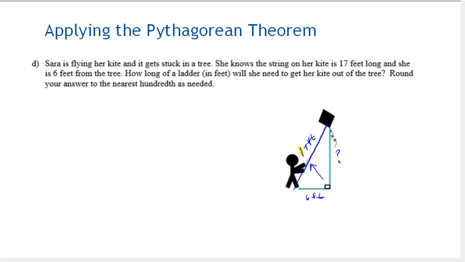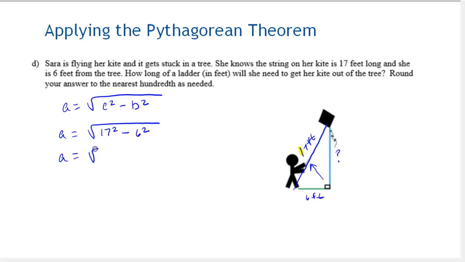So we want to use, I'll call it A. Again, it doesn't matter if you call it A or B. A equals the square root of the hypotenuse squared minus the other leg squared. The hypotenuse is 17 feet, so 17 squared minus the other leg is 6 squared.